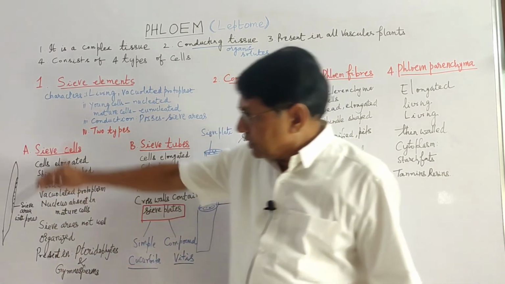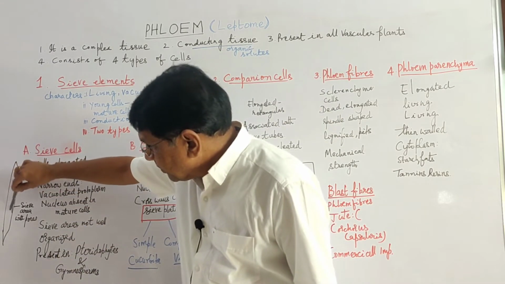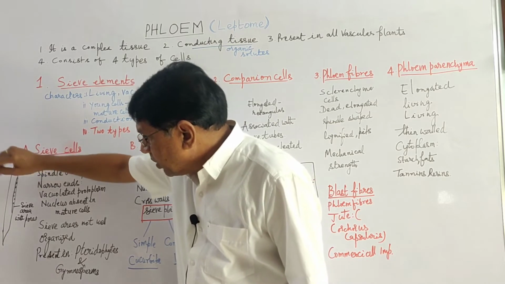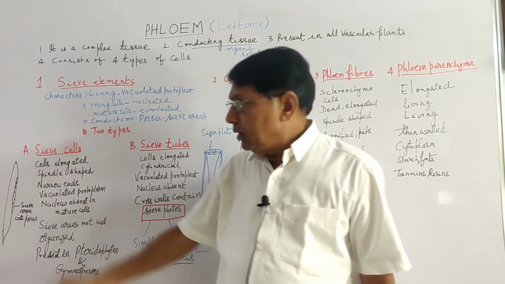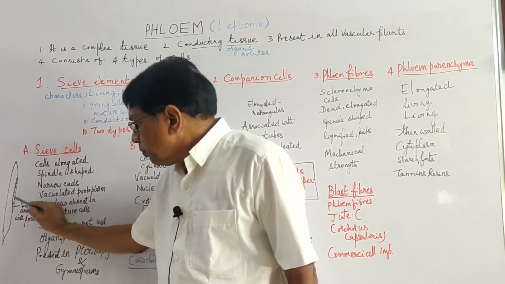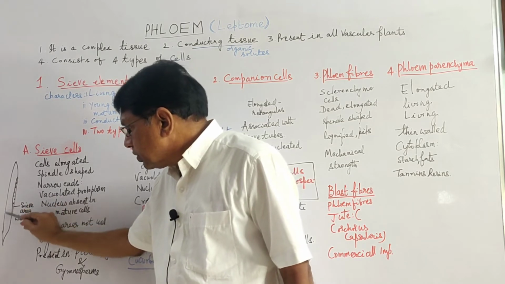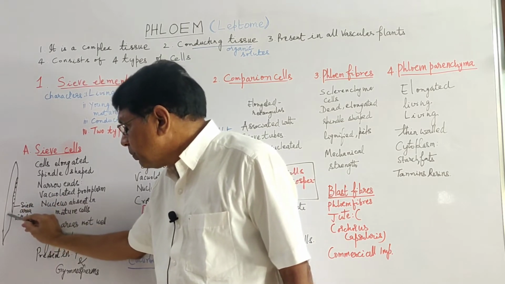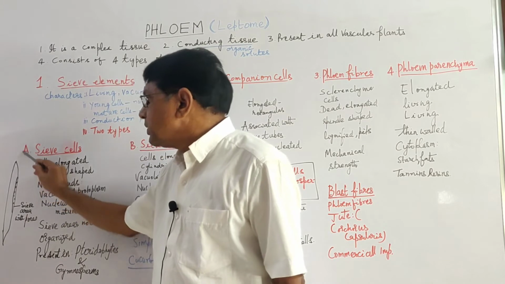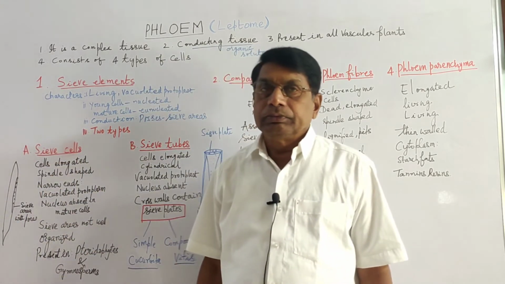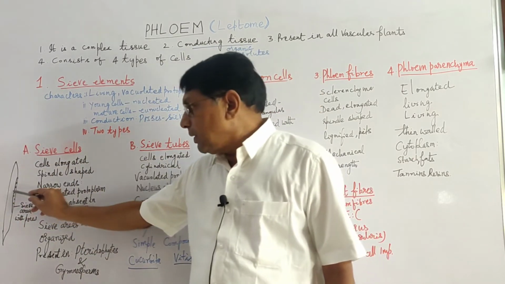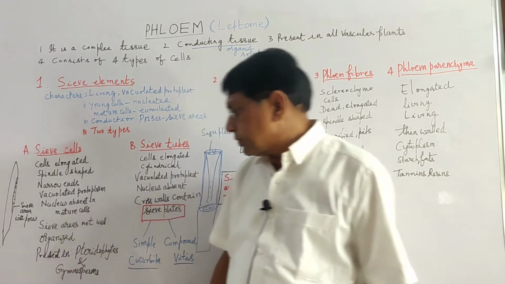This is a sieve area present on the tangential wall. These are sieve pores through which the organic solutes pass from one cell to another cell. These are present on lateral walls or tangential walls.